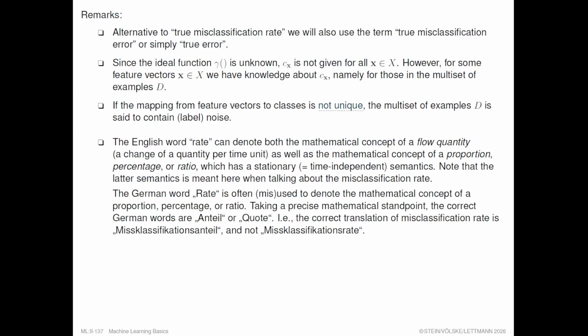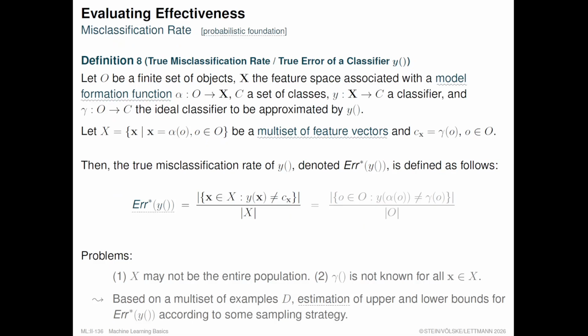Another question is, how can we estimate this? Because as I said, we don't always have the full data set. We don't have the full data set annotated either. So the question is, what can we do to estimate this in a feasible manner that's also computationally acceptable?